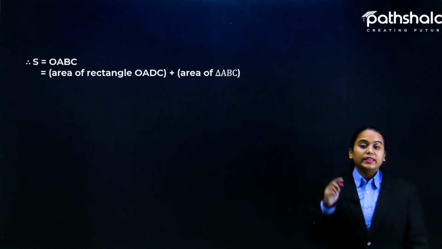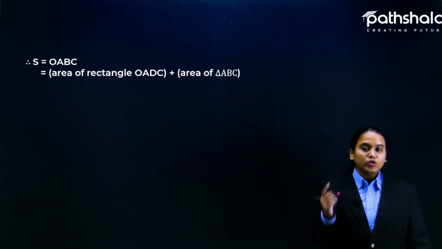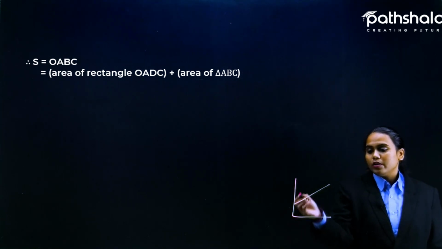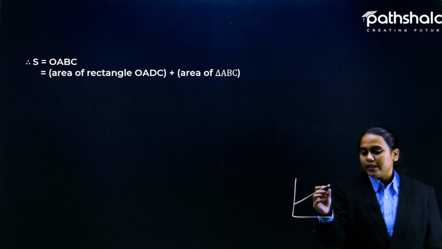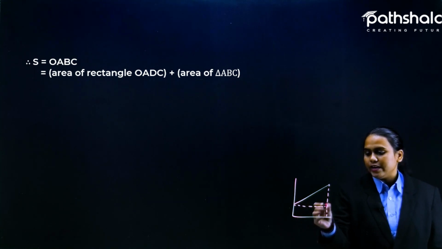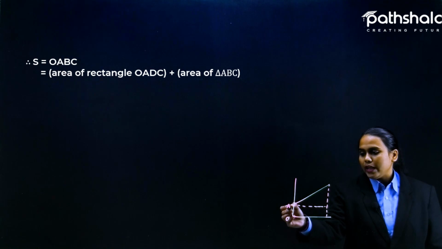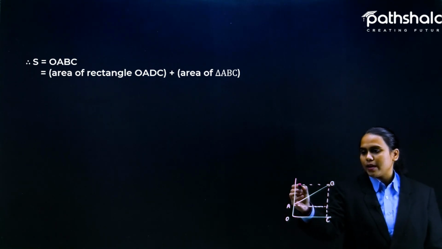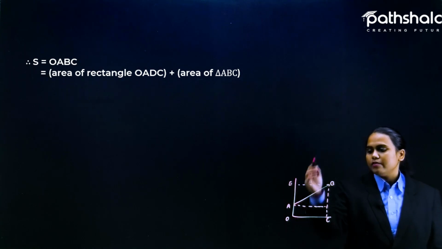Now OABC can be divided into the area of a rectangle and the area of a triangle. Like this we have already divided it, and this part is considered as V, the final velocity.